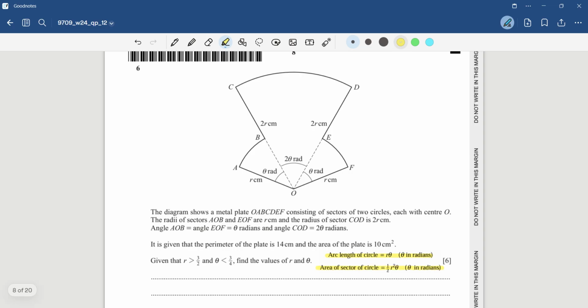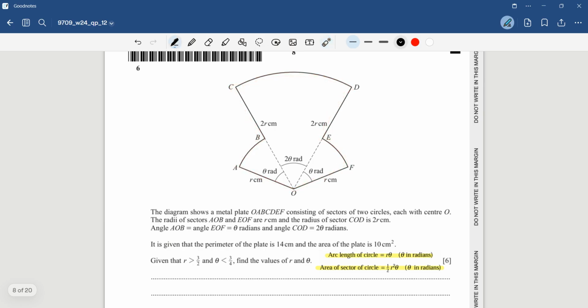Okay. So since they said the perimeter of the plate is 14, I'm going to add up OA plus AB plus BC plus CD plus DE plus EF plus FO. So this is the perimeter, right?